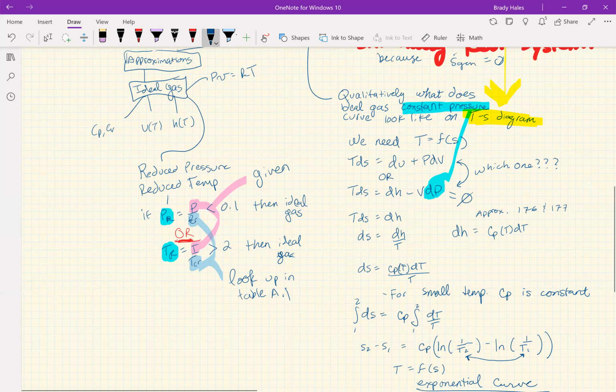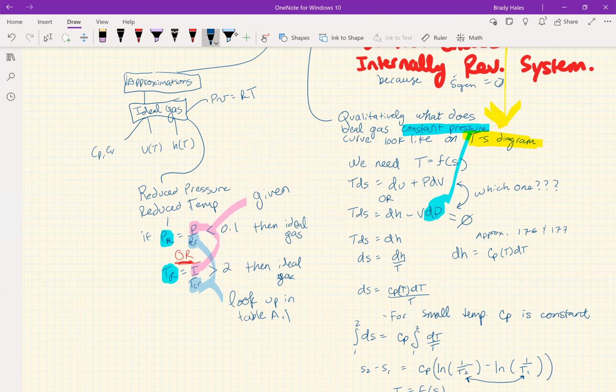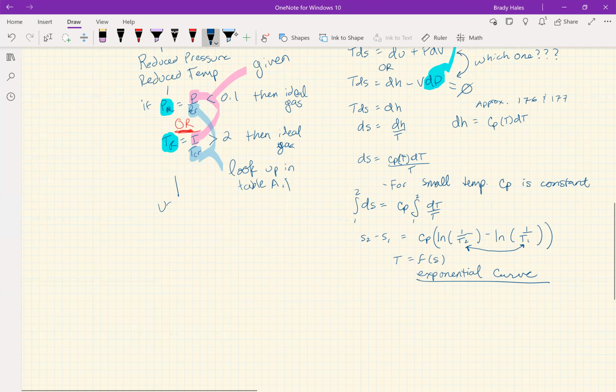So you can also then use a compressibility chart. We know Z is equal to PV over RT.